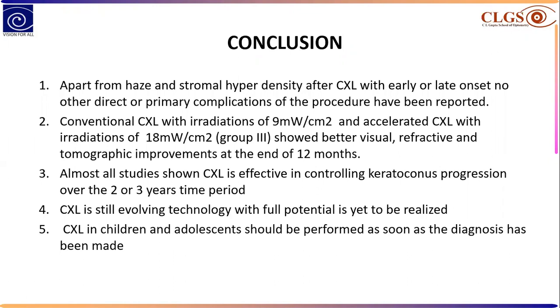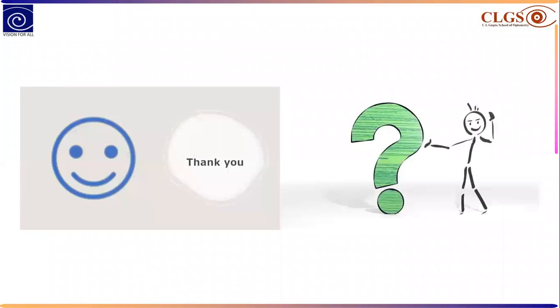You want to catch it at a very early age, because if there is progression, there will also be thinning of the cornea, and once the cornea becomes less than 400 microns, there is a difficulty in doing CXL. That's all. We can take questions.